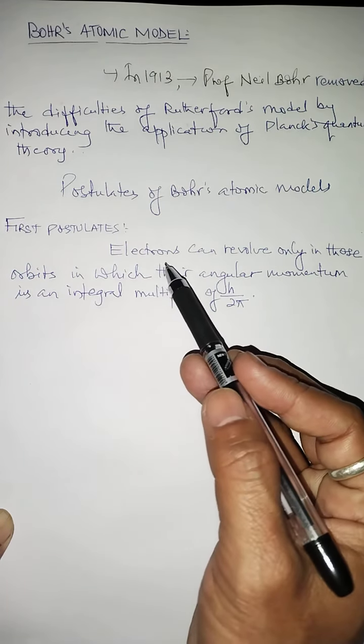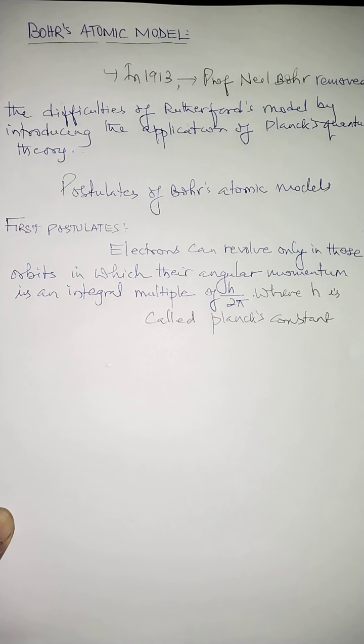The first postulate says that every electron revolves in an orbit, but electrons revolve only in those particular orbits in which the angular momentum is quantized. When motion occurs, the electron definitely has momentum, but when electrons revolve in orbits, they acquire angular momentum. Momentum is of two types: one is called linear momentum and one is called angular momentum.